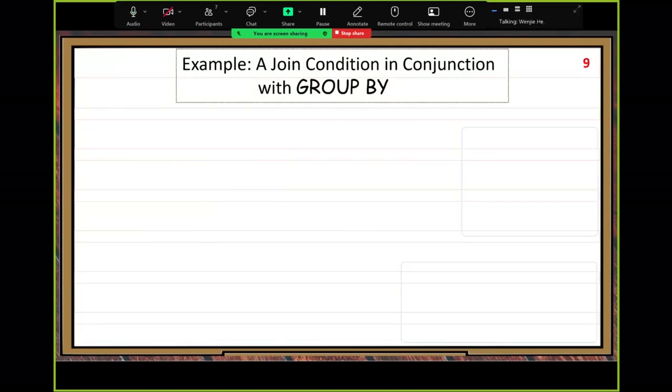Join condition in conjunction with group by. Join two tables, then group by. So you can see we can write more and more complex queries.